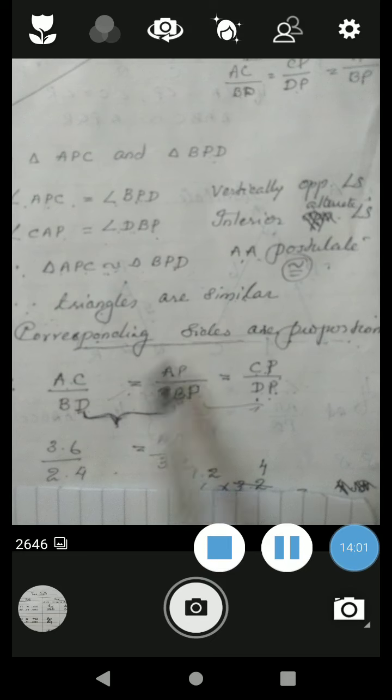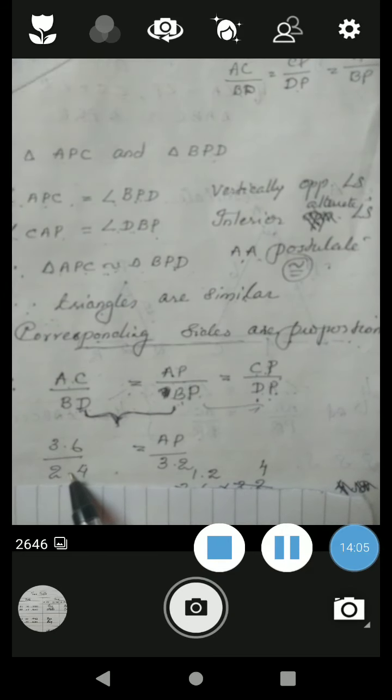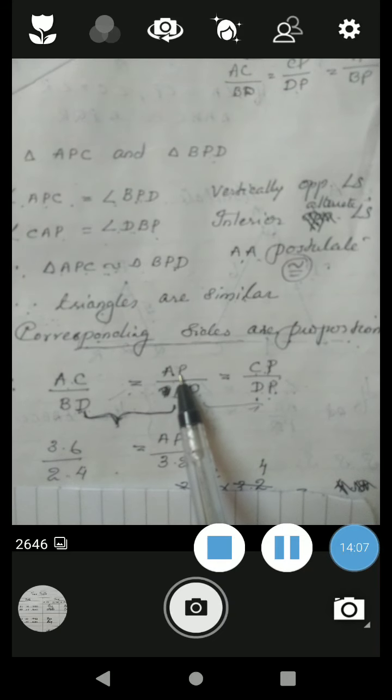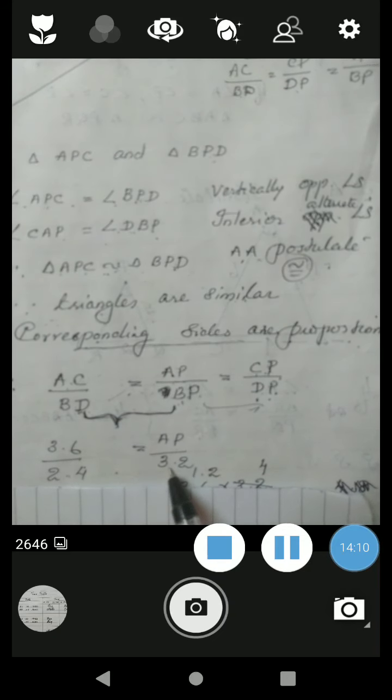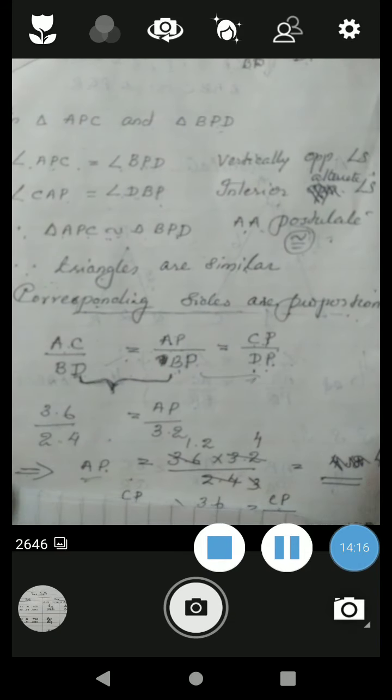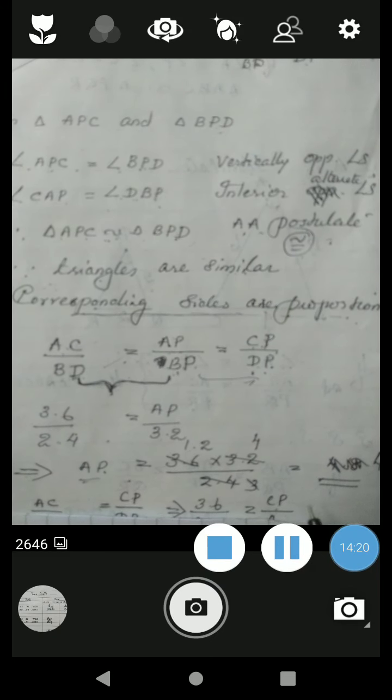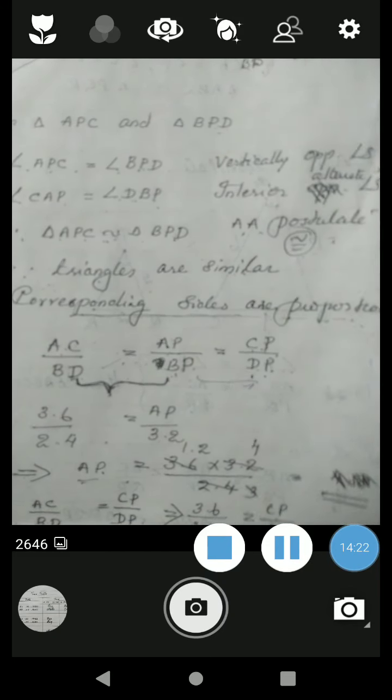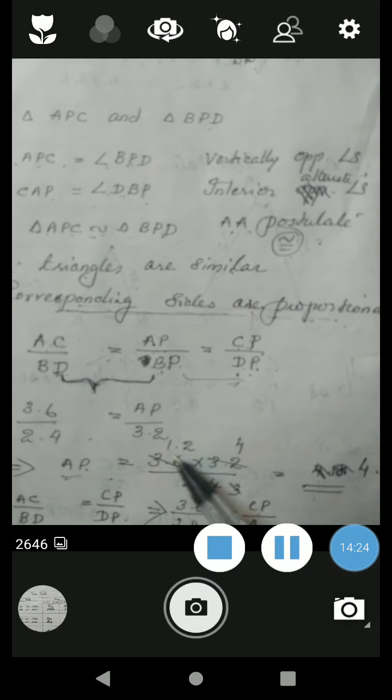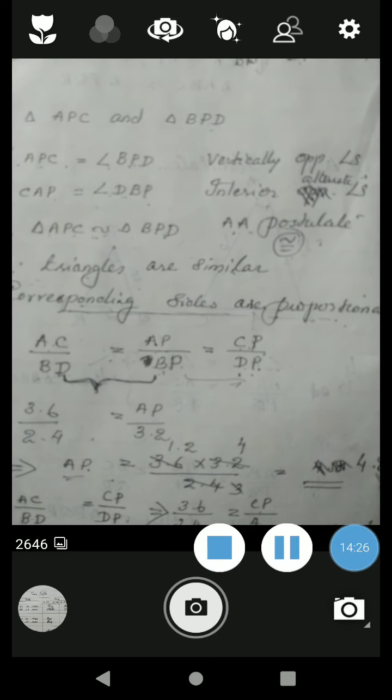Now, consider the first two, that is AC by BD. AC is given, BD is given. We are going to find AP, and BP is also given, 3.2. Substitute values, cross multiply and get your answer. When you simplify, you will get the answer 4.8.